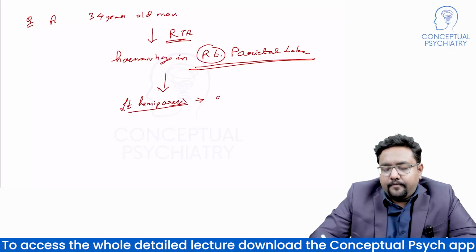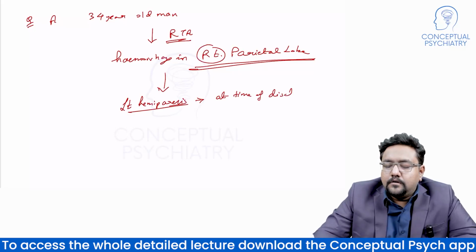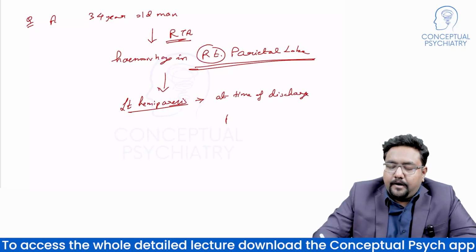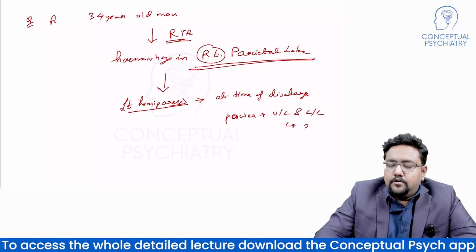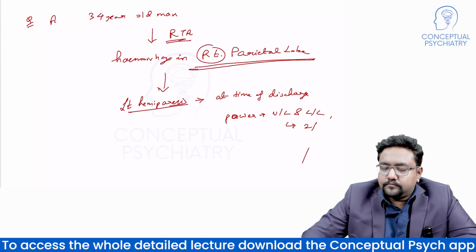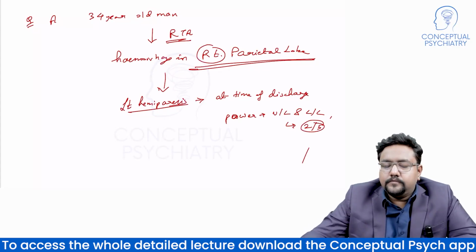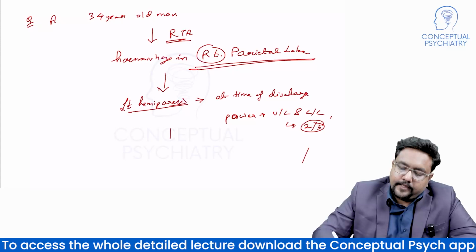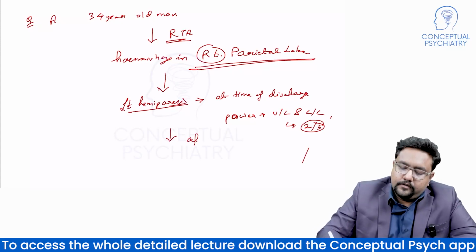So at the time of discharge from hospital, power of upper limb and lower limb was 2/5. Okay. Then you see the patient after 3 months follow up.